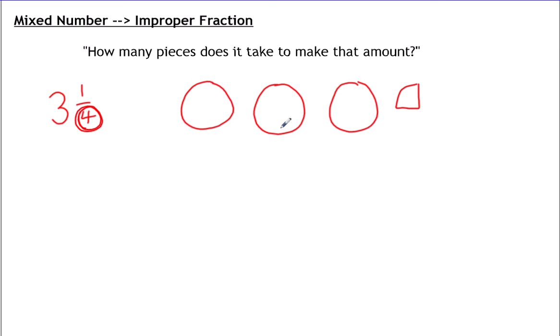But how many quarters is that altogether? Now, because we're working in quarters, they get chopped into 4s. So 4, 8, 12, and the extra 1 makes 13. So it takes 13 quarters to make 3 1/4.